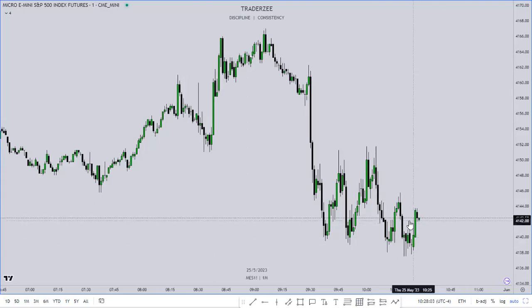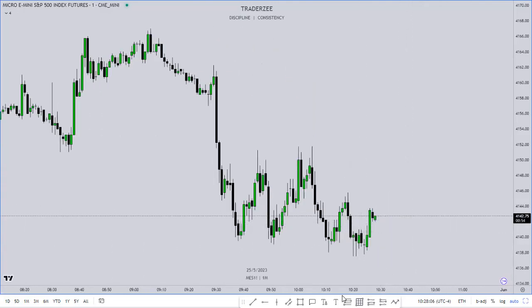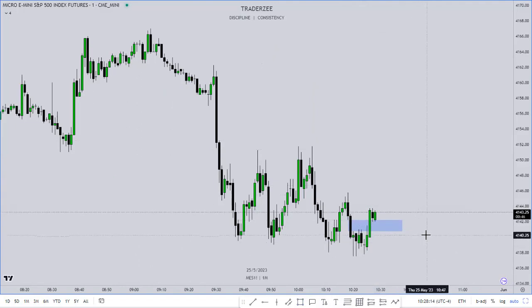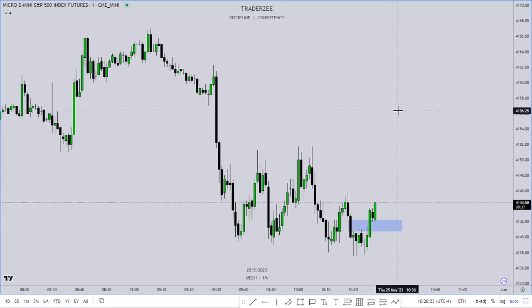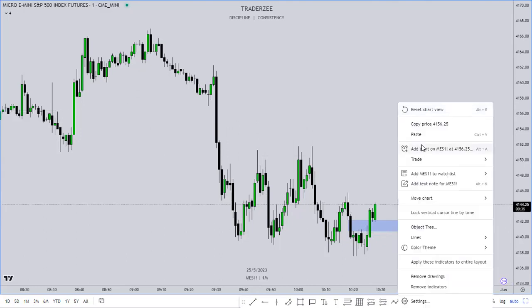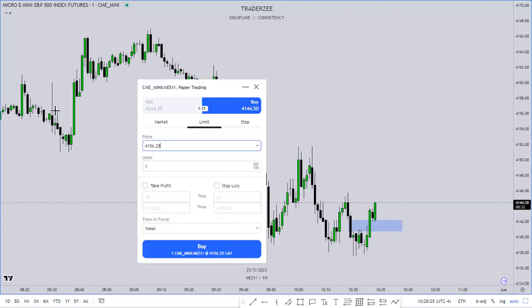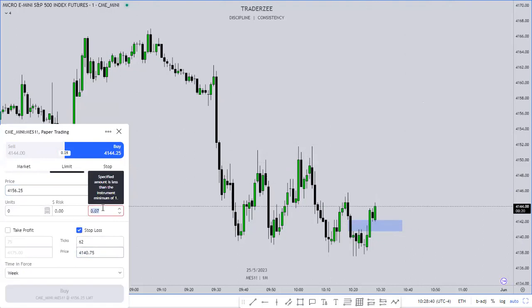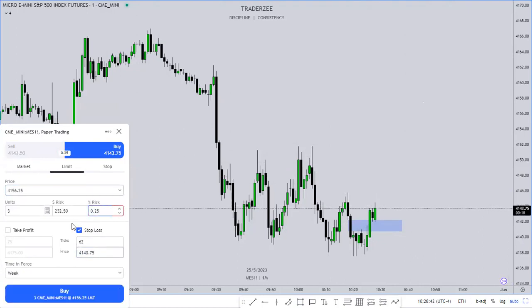I'm looking to see if it finds support inside of this fair value gap, inversion fair value gap, and so far it's 0.25.